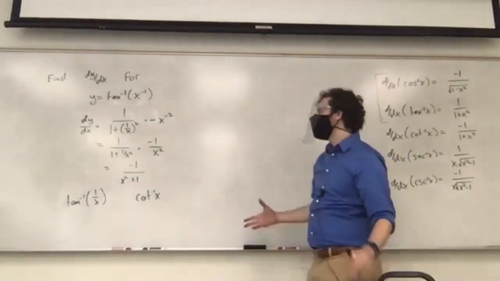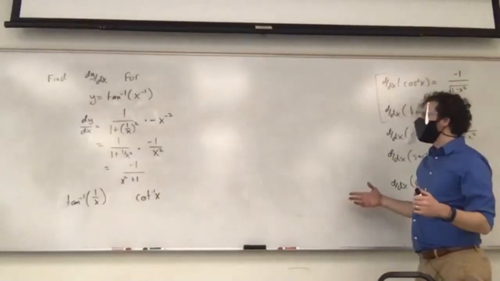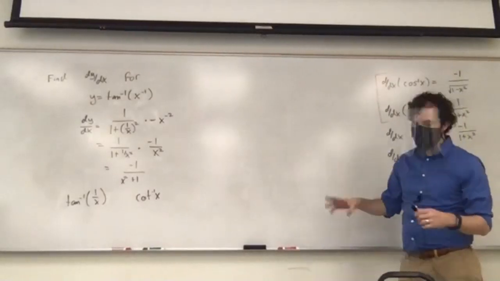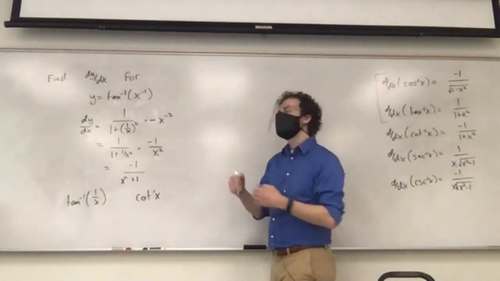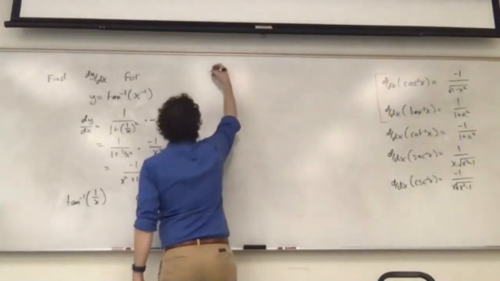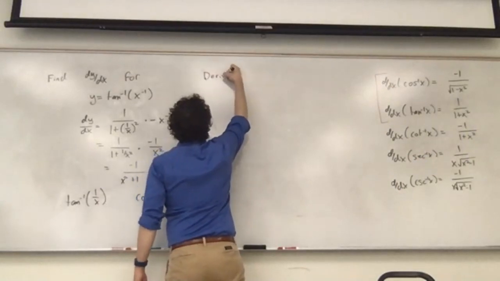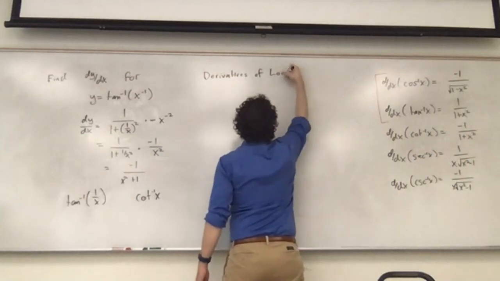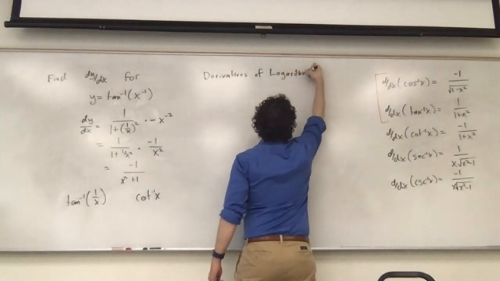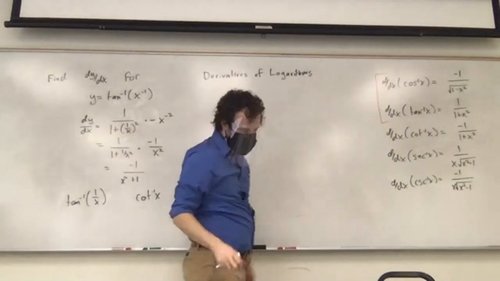So in a similar manner to how we found the derivative of inverse trig functions, there's another kind of inverse function that we can find the derivative of. And this is derivatives of logarithms.